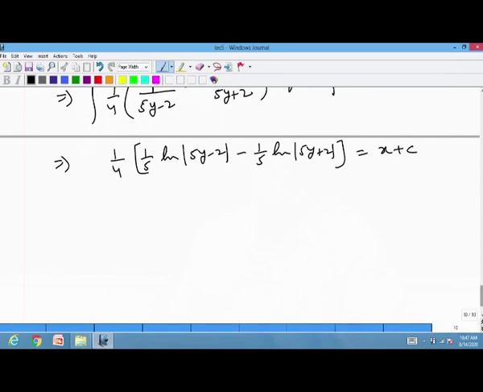So, if we multiply by 20, this gives natural log of mod (5y minus 2) by (5y plus 2) is equal to 20x plus 20c.